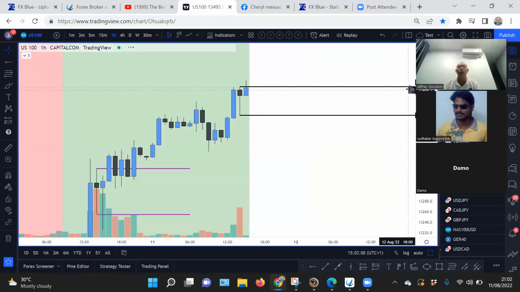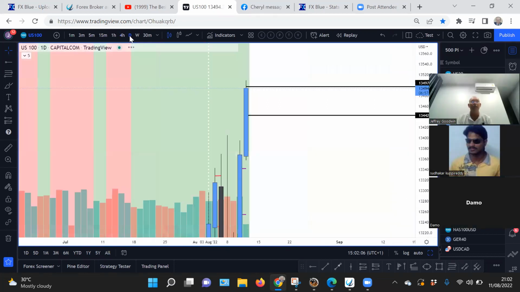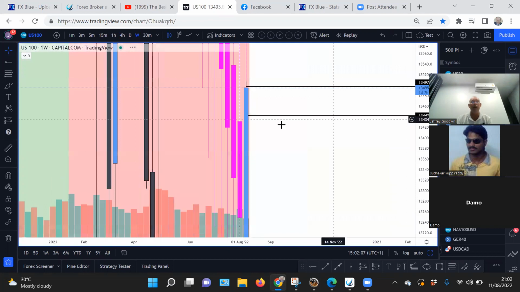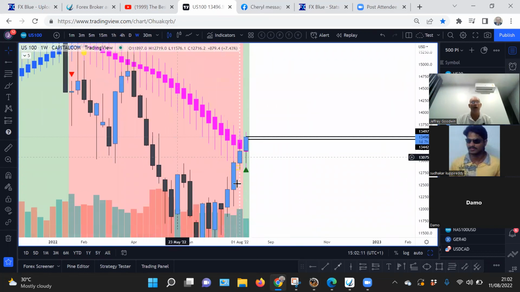So this is where we look at market structure previously to the left. So here we go. This is where we're at there. You could potentially see this area here.